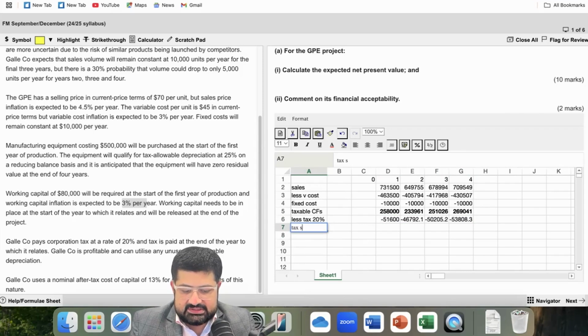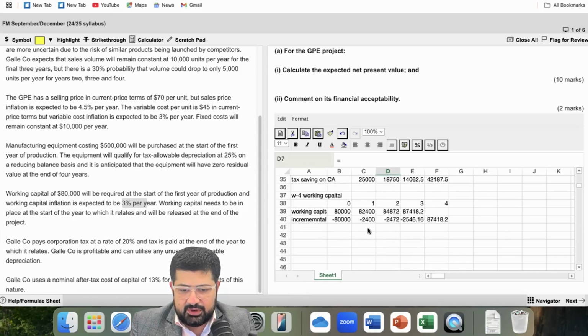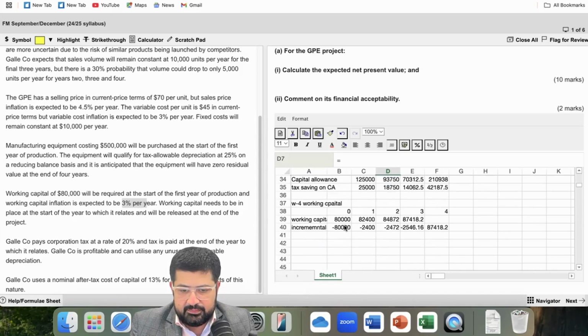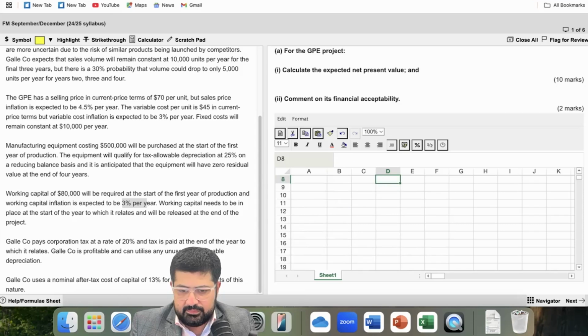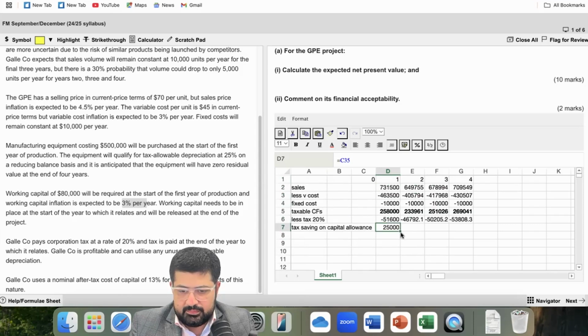Now, tax saving on capital allowance. So we can put the tax saving on capital allowance here, which we have calculated below. Then is the working capital. Working capital will start from year 0.